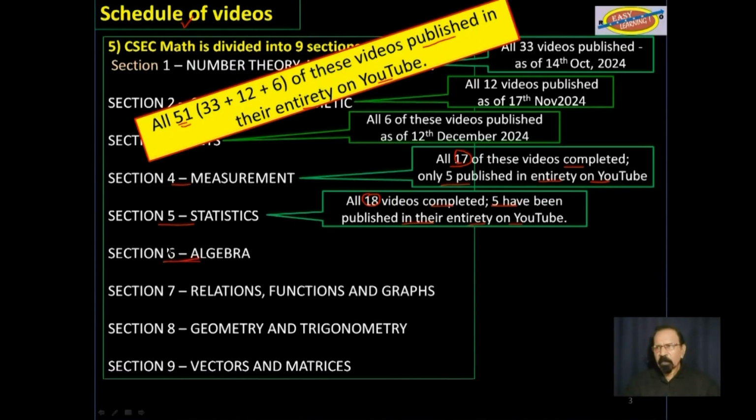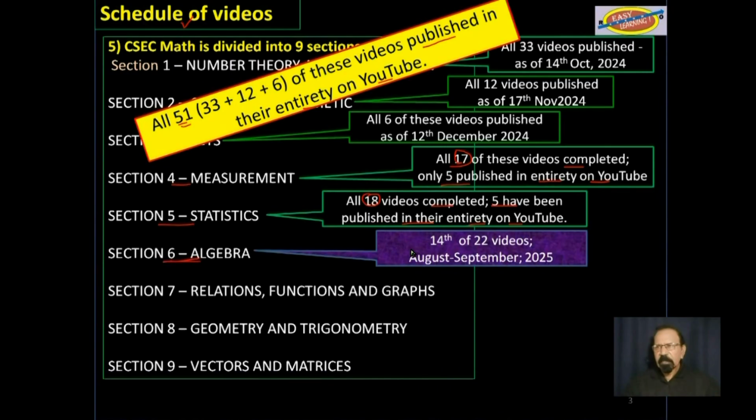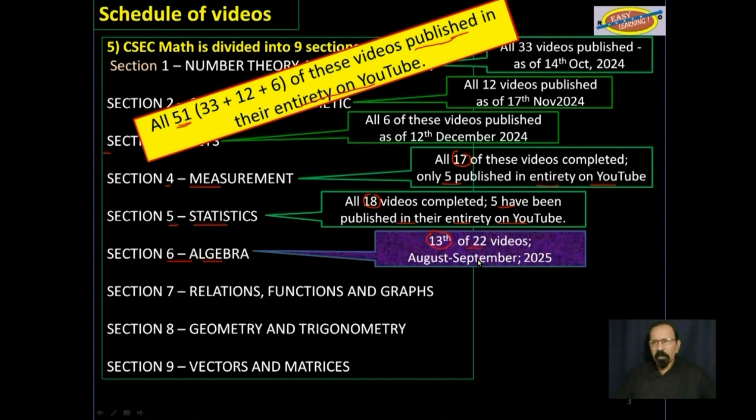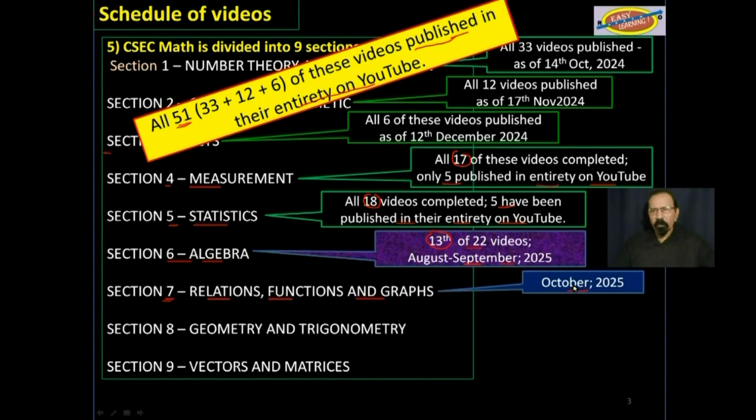We are now at Algebra section 6. This is the 14th of 22 videos in this section, and hopefully by mid-September this section would be finished. Then section 7, relations, functions, and graphs, by October 2025, to be followed by geometry and trigonometry, to be completed somewhere in November 2025.